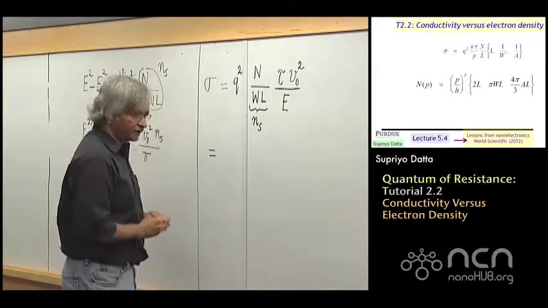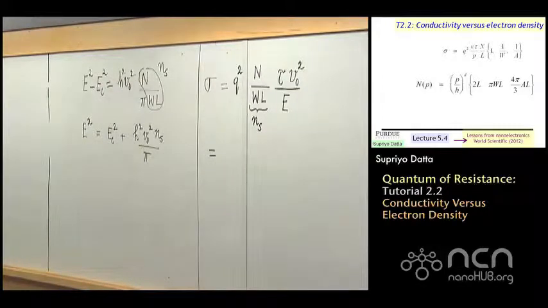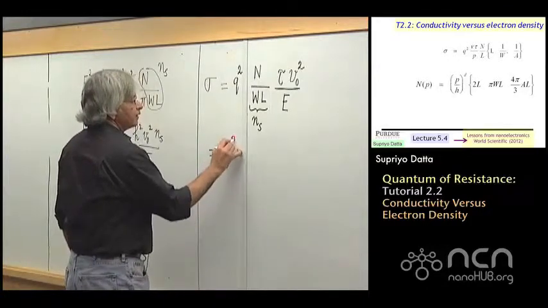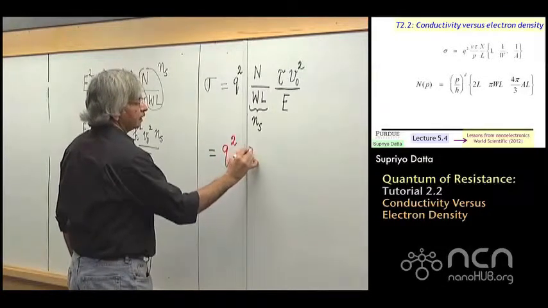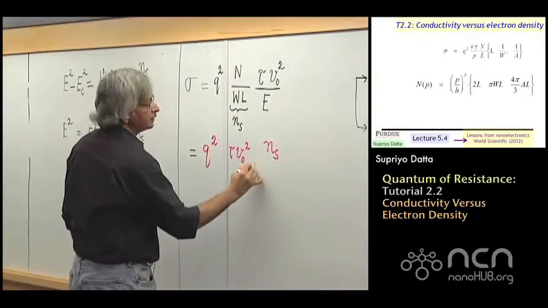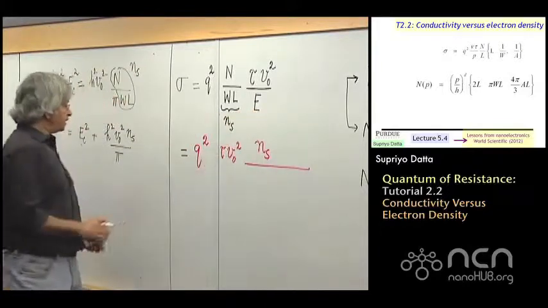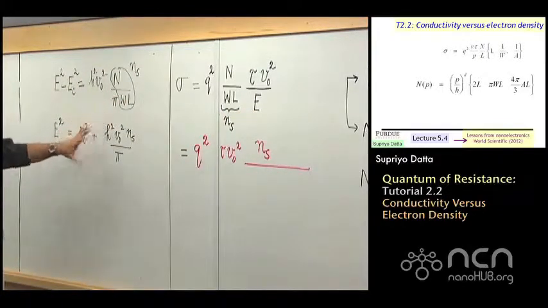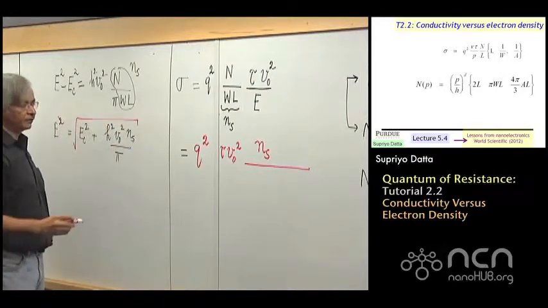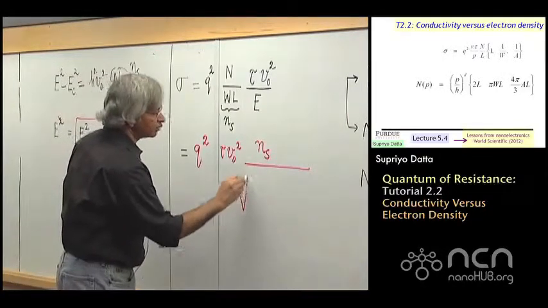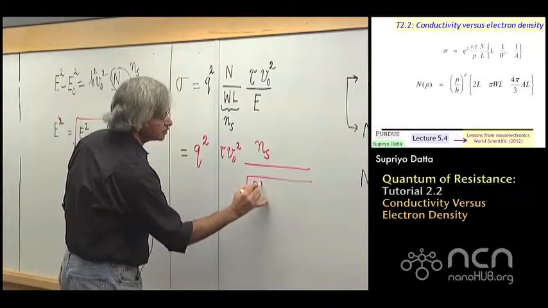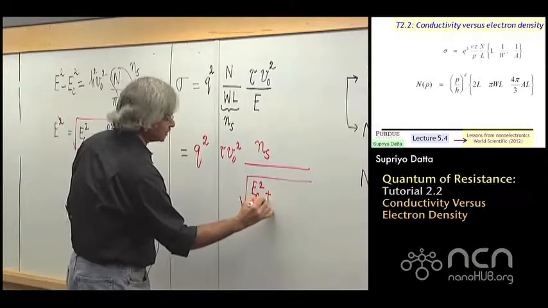When I take this and put it back in here, what we get is, in fact, let me use the red pen. Q square tau V0 square and then Ns divided by this E, and E is now like the square root of this. So I'll write it as divided by square root of EC square plus this quantity.